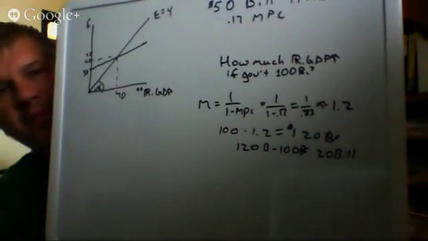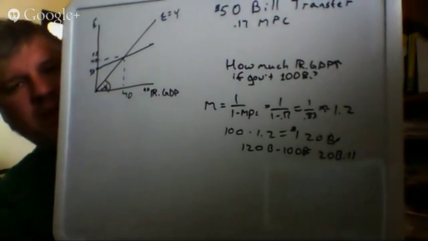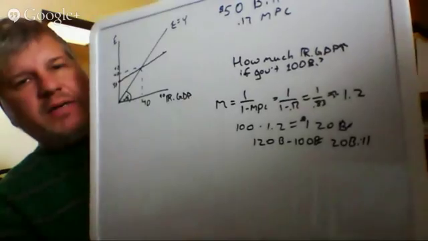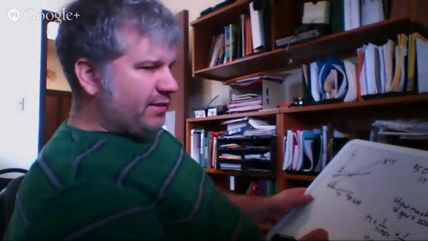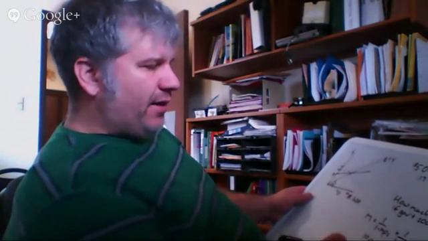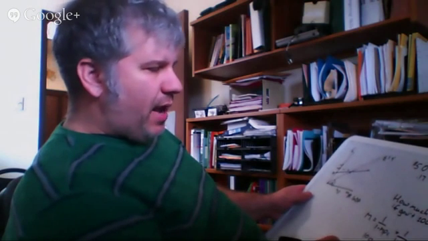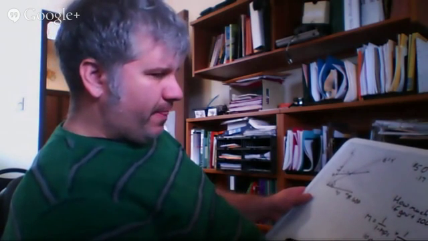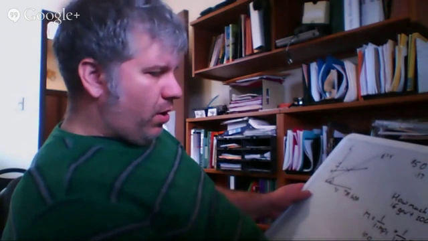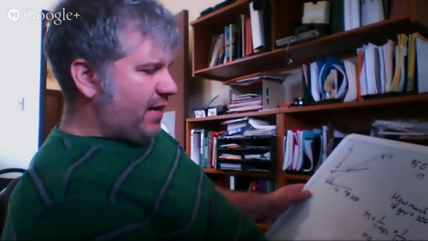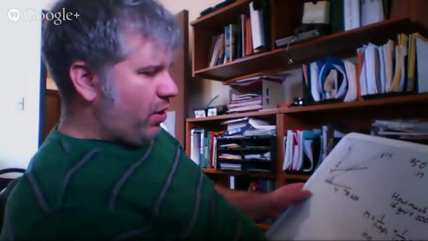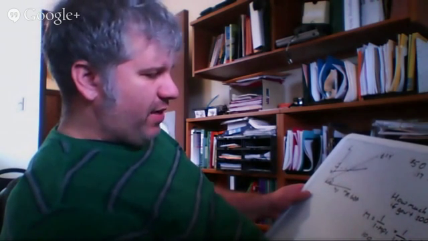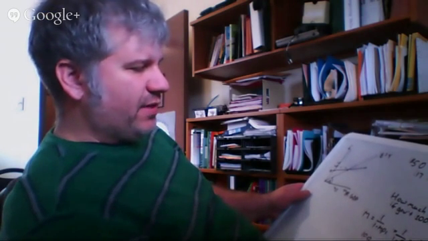Now, a lot of you probably forgot that second step, and the other issue is you're using the wrong multiplier. The correct multiplier to use would have been the tax and transfer multiplier, which is equal to MPC over 1 minus the MPC, which is equivalent to MPC over the MPS, just an FYI, to show you different things that we can do.